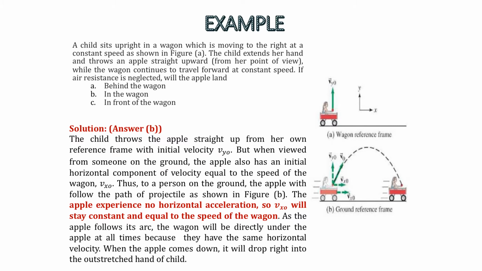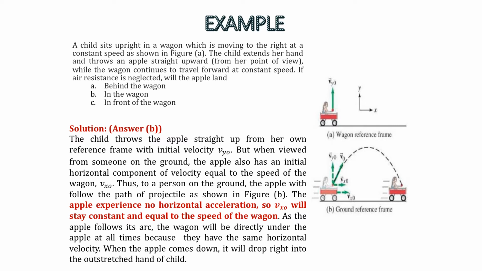The child feels that she throws it upward, but you, located beside the wagon, are going to see the child basically throw it like a parabola. If air resistance is neglected, will the apple land behind the wagon, in the wagon, or in front of the wagon?